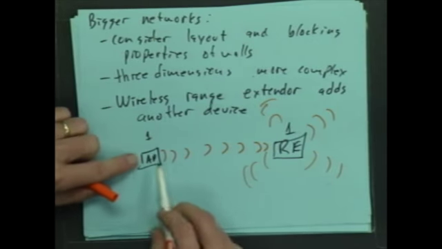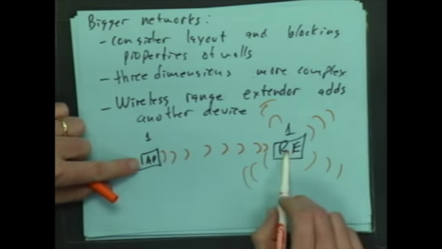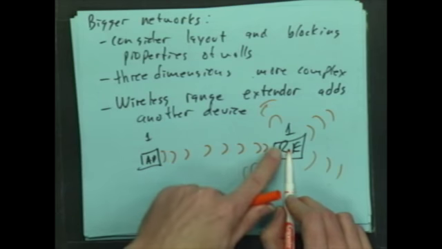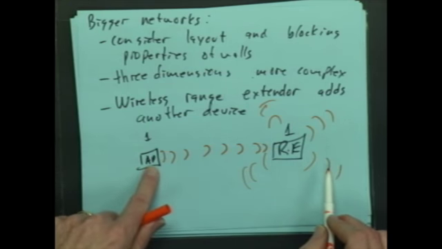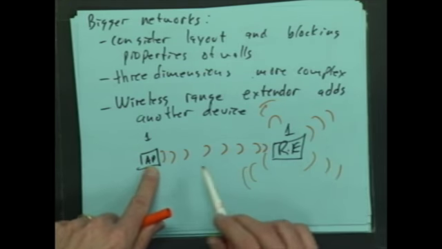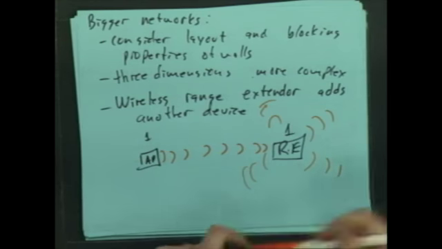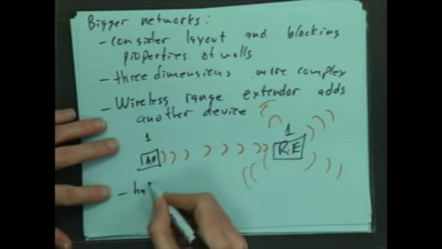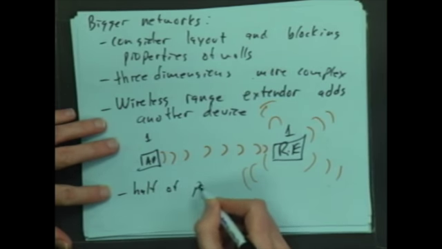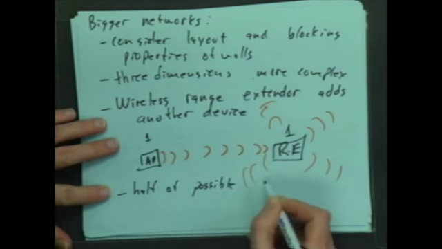What that means, though, the range extender has to wait until the access point is finished, and then it broadcasts the signal out. That means everyone else has to wait again. So you basically halved your possible throughput. I don't recommend it.